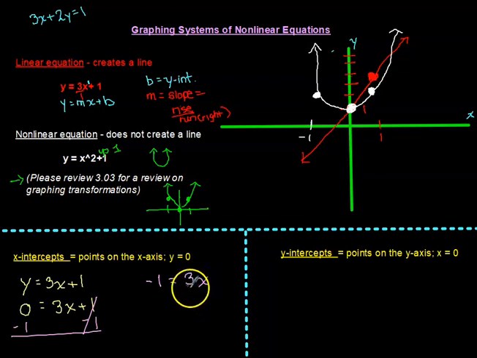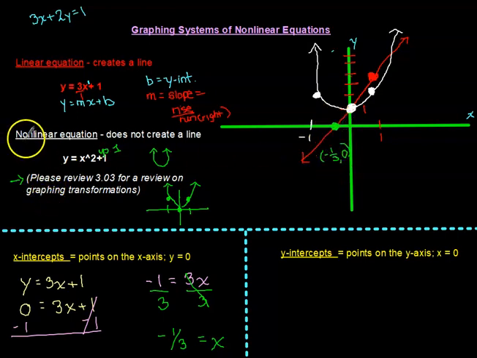So x is being multiplied to 3 on this side of the equal sign. So what I can do is divide both sides by 3. And that'll give me negative 1/3. So that's the point on my x-axis. The y is always 0, but that point is negative 1/3, 0. Because the y is always 0 in an x-intercept, it's the point on the x-axis.